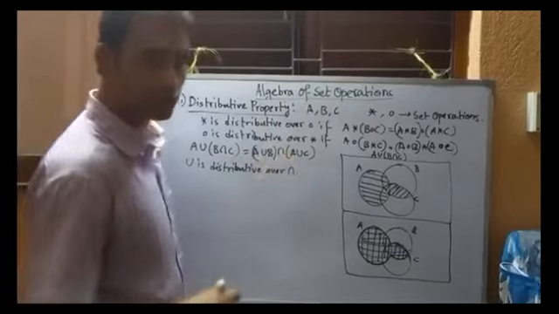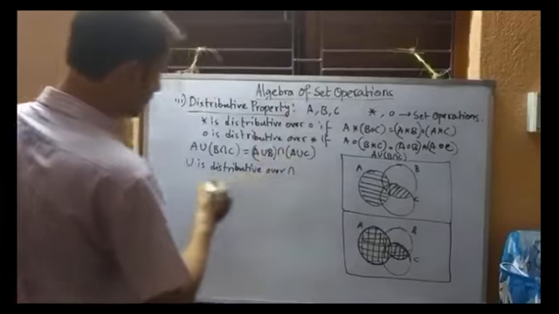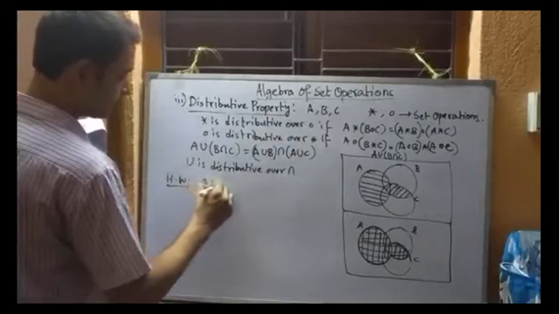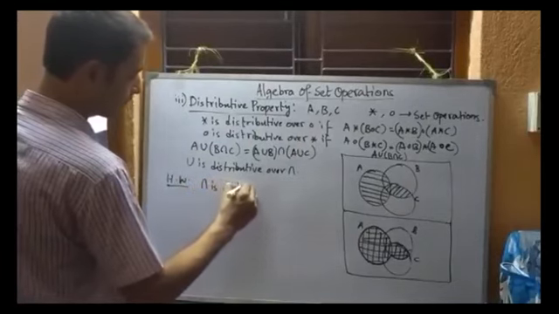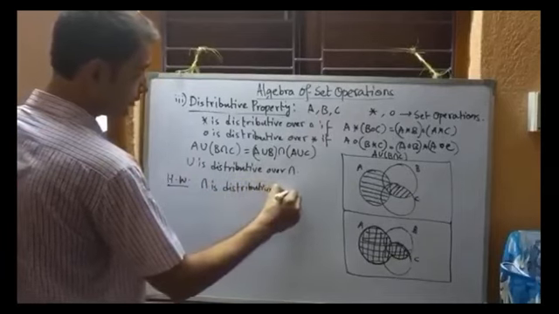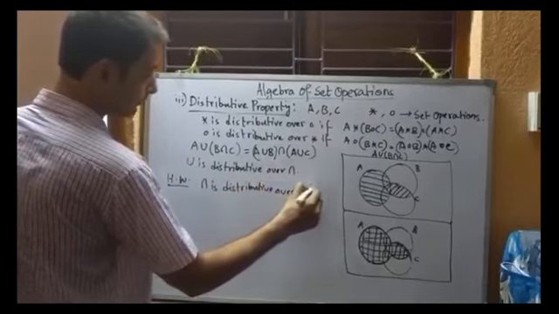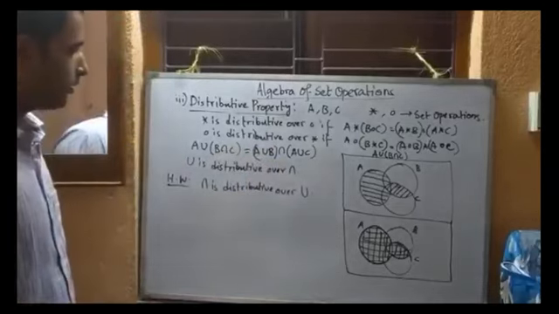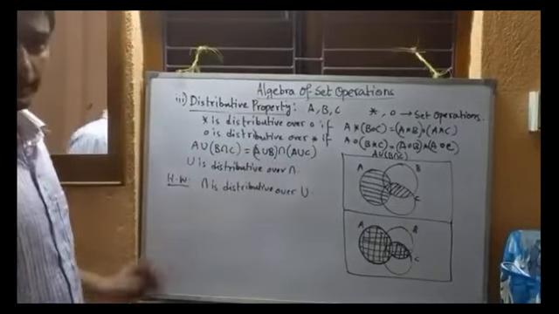Okay. And similarly you can show the next thing, it's your homework. Intersection is distributive over union, that is this. So distributive property is satisfied for this.